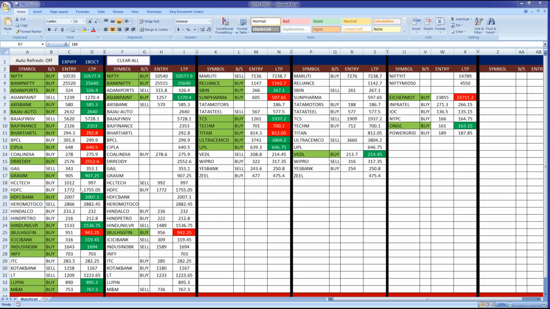I have a call in Axis Bank. So Axis is already in profit. So these are some of the calls that are currently running. So I just click on auto refresh on again, so I'll be getting the refreshed rates again.